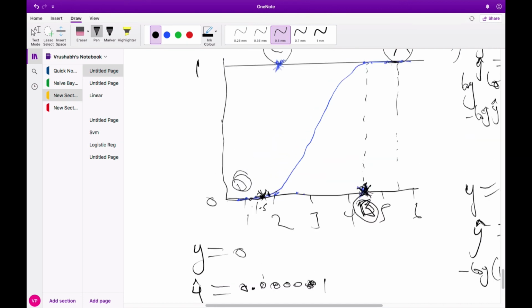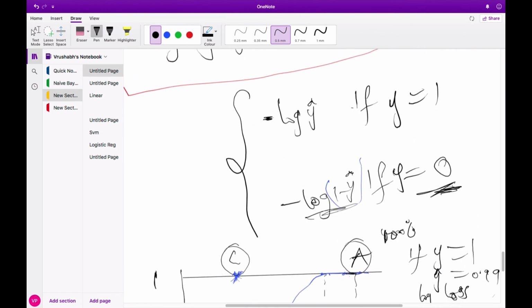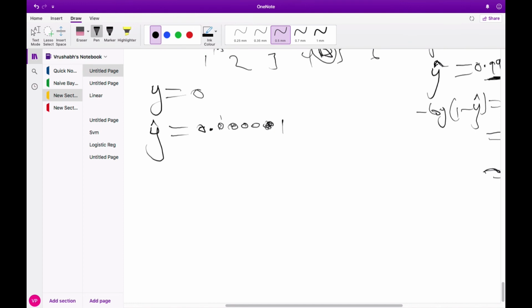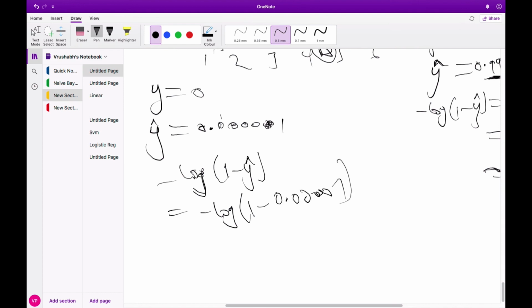Now in this case, if our y equals 0, when you come to the log loss, or the cross entropy, we use this part of the equation, which is negative log of 1 minus y hat. So we're going to have negative log of 1 minus our y hat here, which is 0.00001 or something like that.